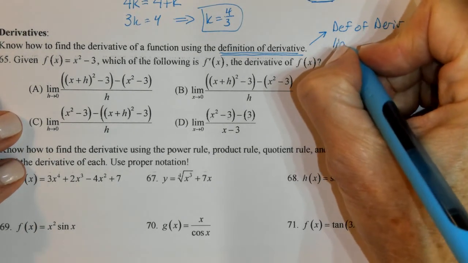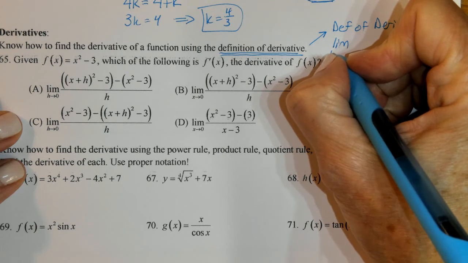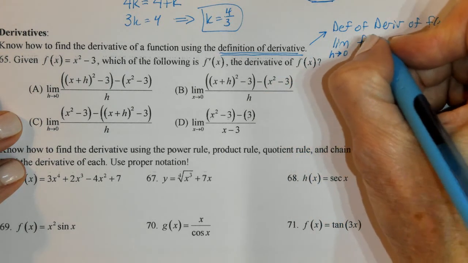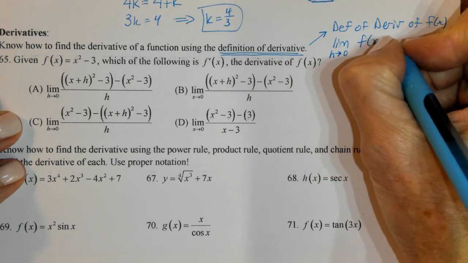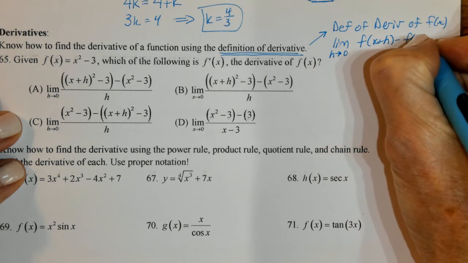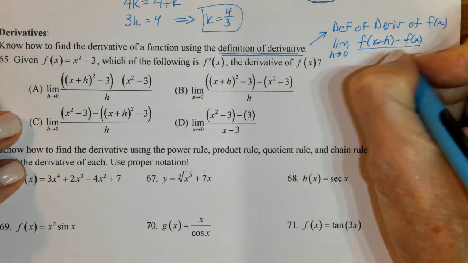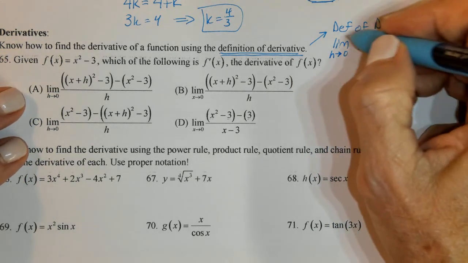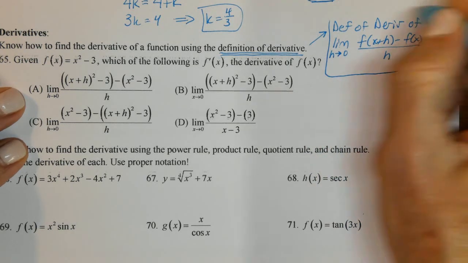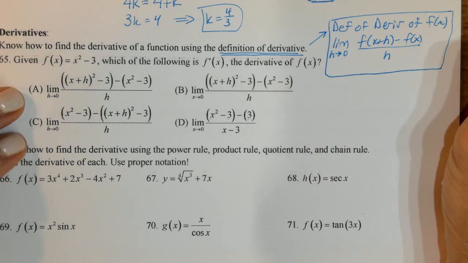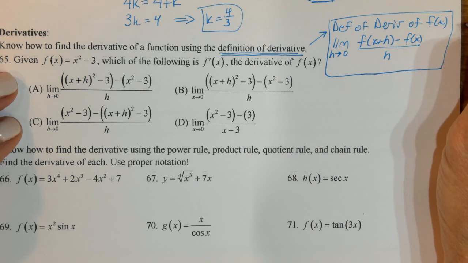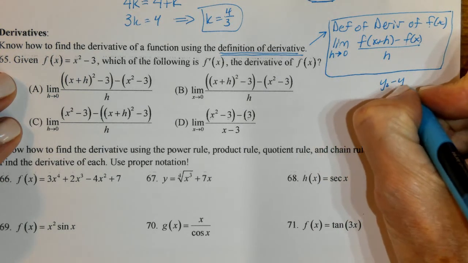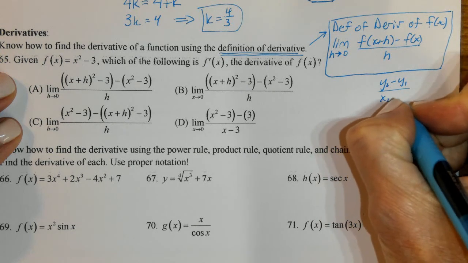It's the limit as h approaches 0 of f of x plus h minus f of x all divided by h. This comes from, and I'm sure when you learned this at the end of pre-cal, this comes from the slope formula. This comes from y2 minus y1 over x2 minus x1.